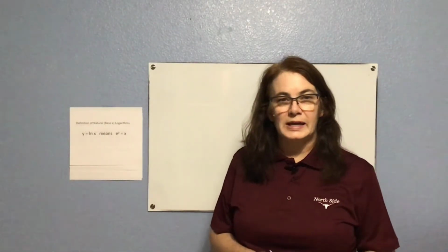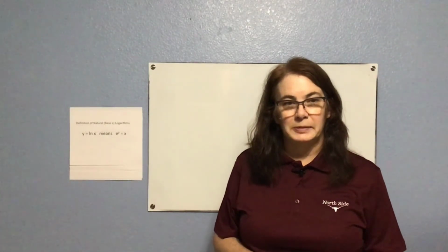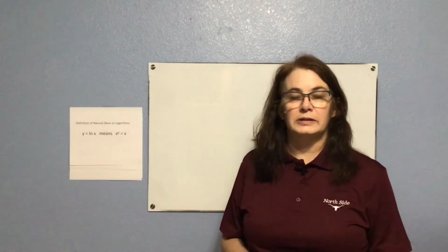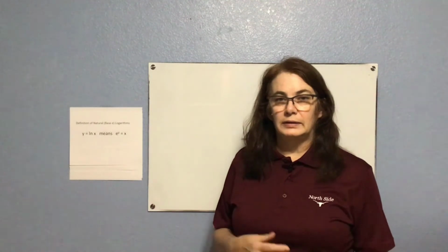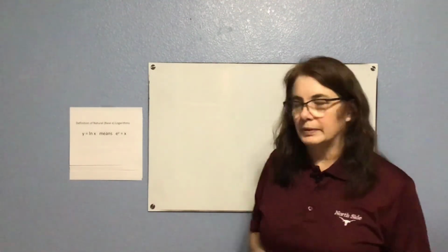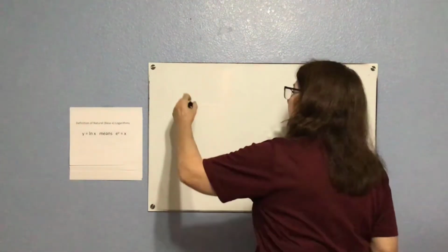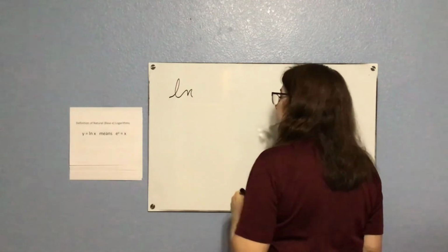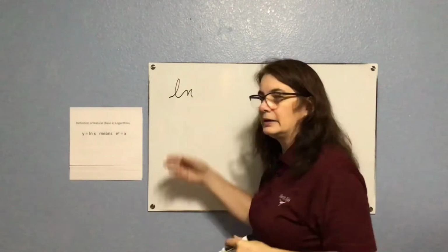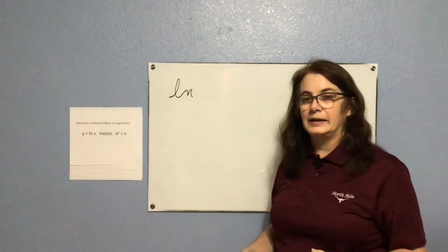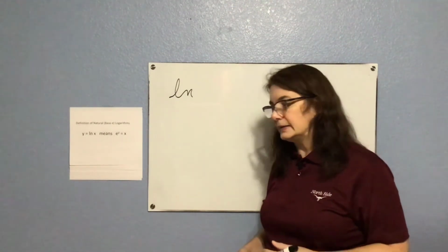Just as we used e as a base for some exponential functions, particularly those that deal with populations, the reverse of that is to take the natural logarithm. For natural logarithm, we usually write ln, and I like to write it in script so that I don't get confused between ln and 1n.